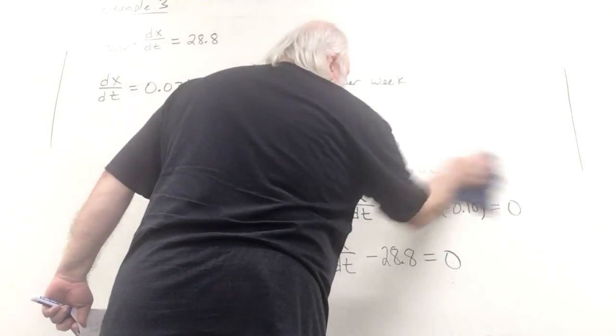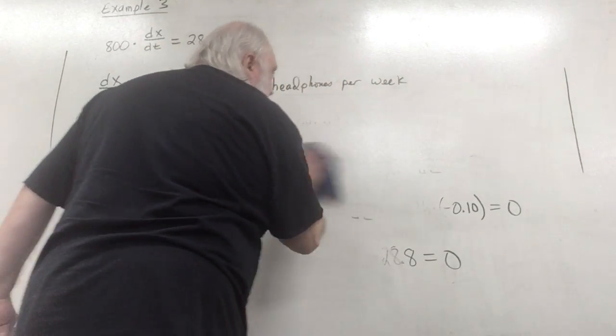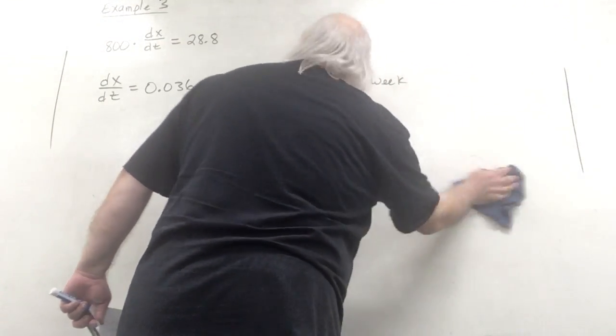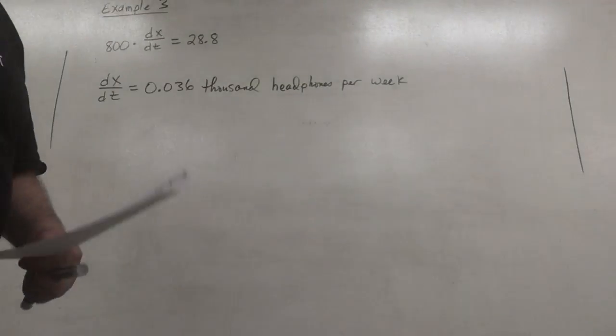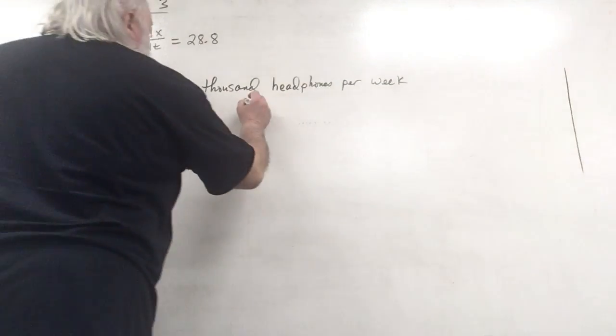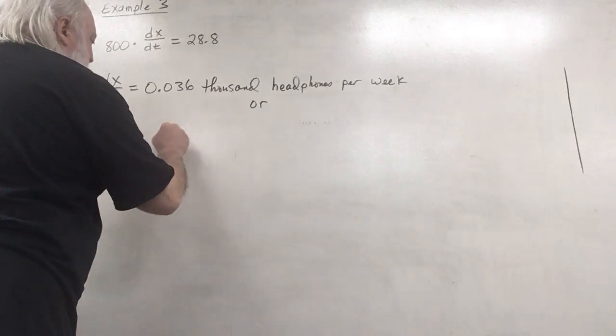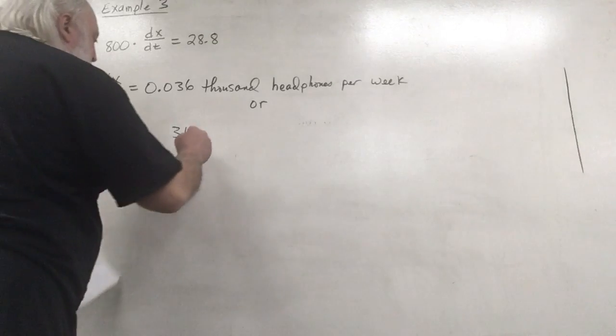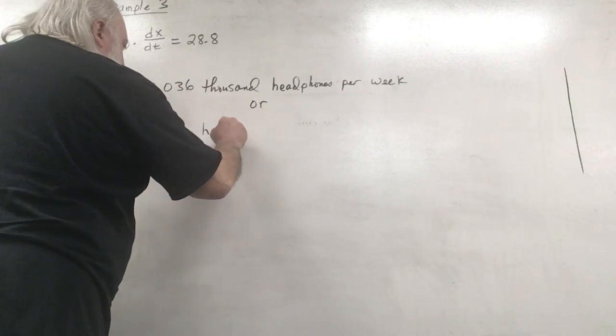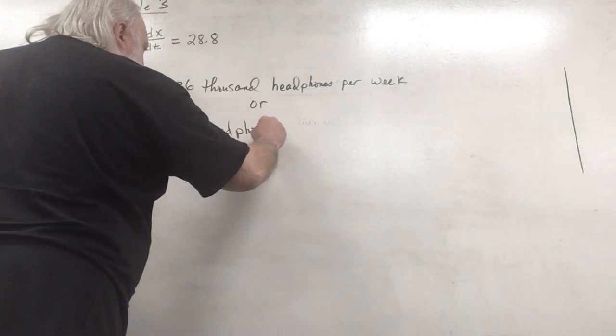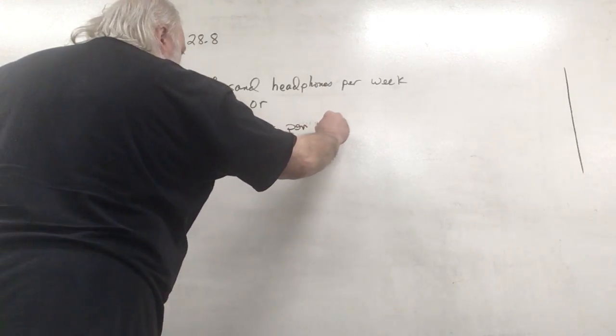So the rate of change of the quantity demanded is 0.036 thousand headphones per week. And so if I multiply 0.036 by 1,000, I get 36. So it's 36 headphones per week.